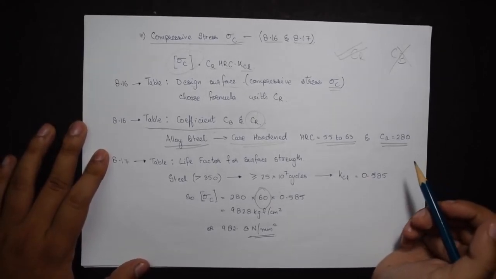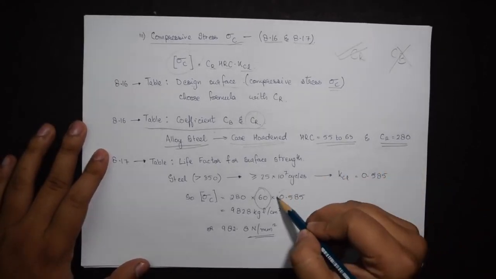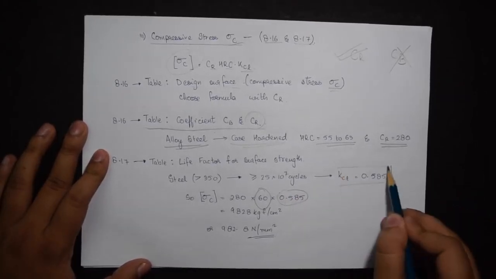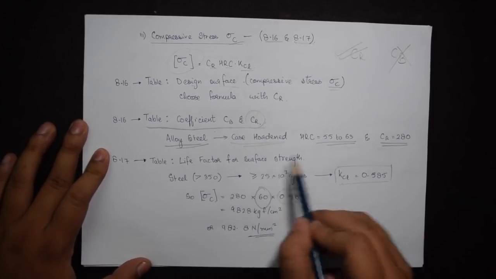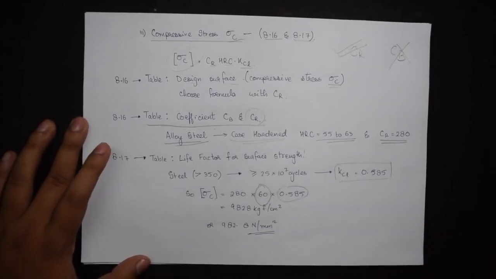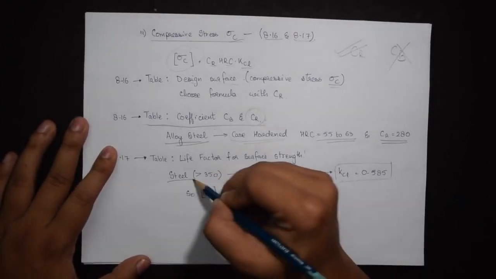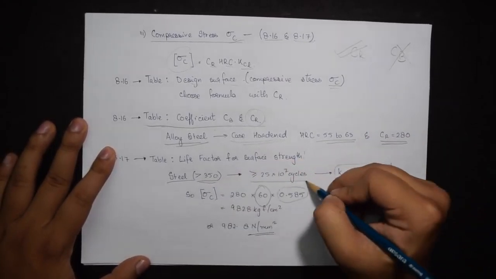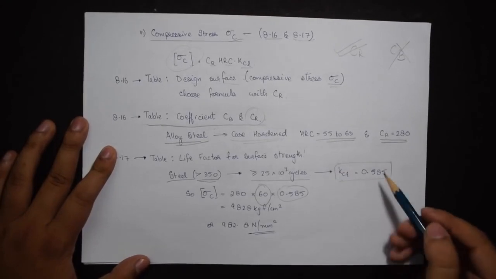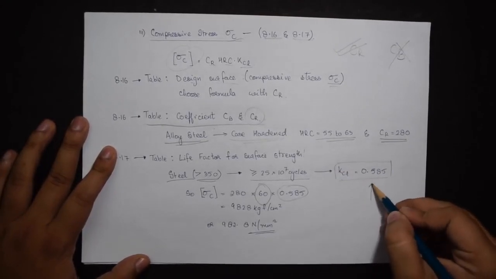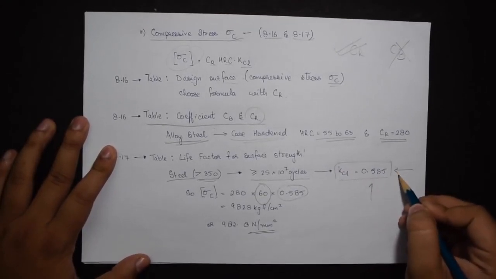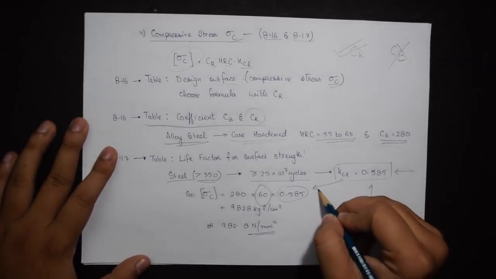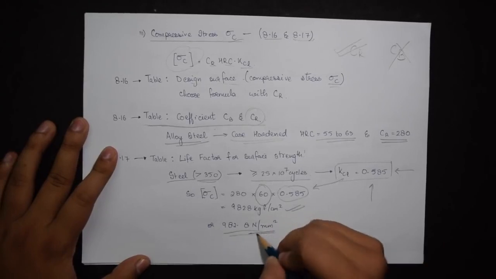To calculate KCL, we'll come to the next page 8.17 under table 17, the life factor for surface strength KCL. For the material steel, surface hardness HB greater than 350 and life cycles greater than 25 into 10 to the power 7, the life factor as we see is 0.585. Therefore, my sigma C design becomes 9828 kgf per centimeter square or 982.8 Newton per mm square.